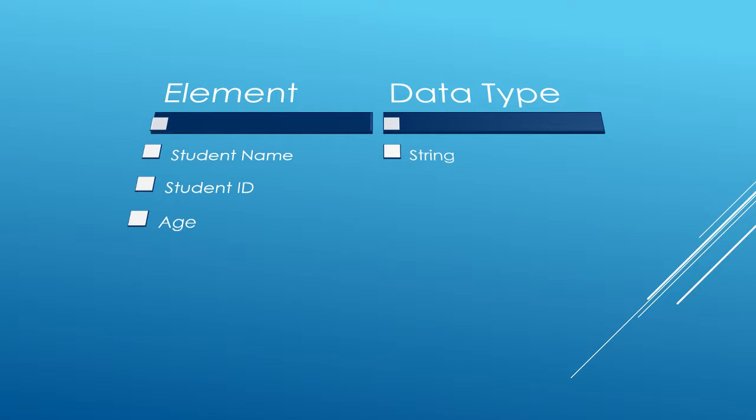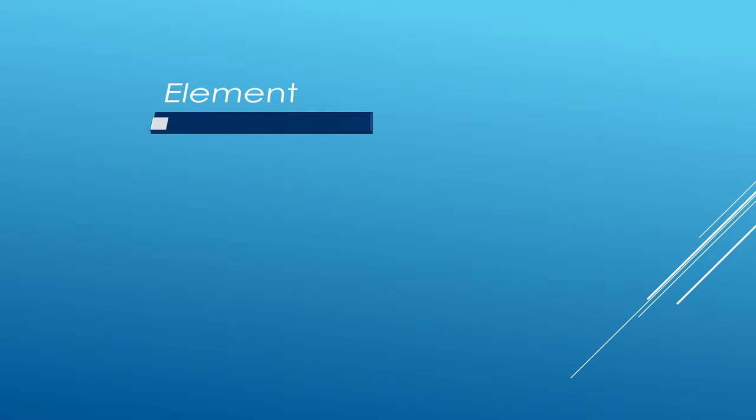For their student ID, if it were an ID like here at OTC, we could use an int data type. Would that be long enough? Would we need something bigger? Could we use something smaller? For age, could we use something smaller than an int? We're always looking for the smallest data type that we could use.